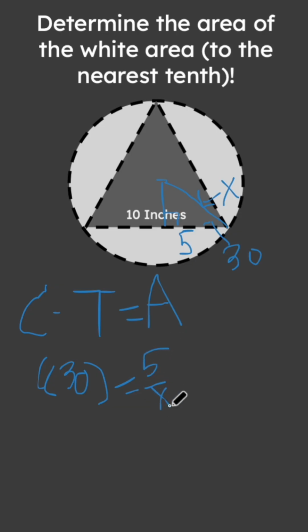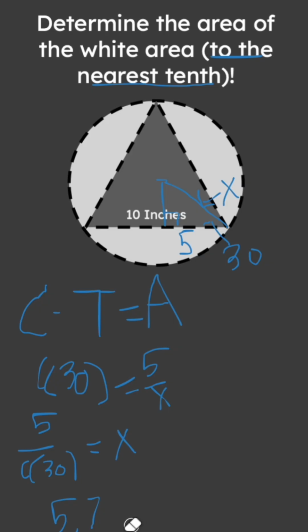And we just flip x and cos 30, so 5 over cos 30 is going to give us our radius, and that gives us 5.7 as our radius. And I'm just going to use 5.7 because we're rounding to the nearest tenth.